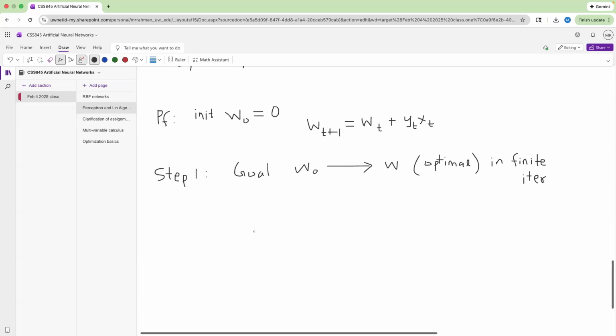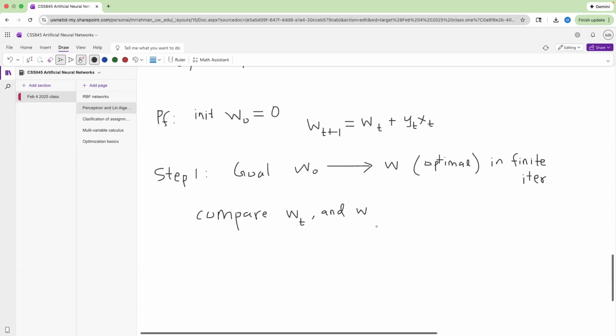Okay, and now what we want to do is compare, as we make progress and fix the weight vector, our current weight vector WT and the optimal weight vector, which we assume to exist, which is W. When they become close by, that means we're making progress.